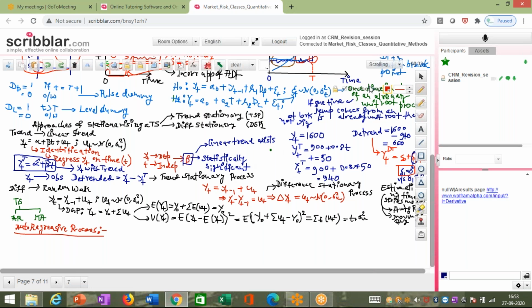Now over here, let us first look into the mathematical formulation of the autoregressive model. In an autoregressive model, the yt is explained by the historical values of yt.